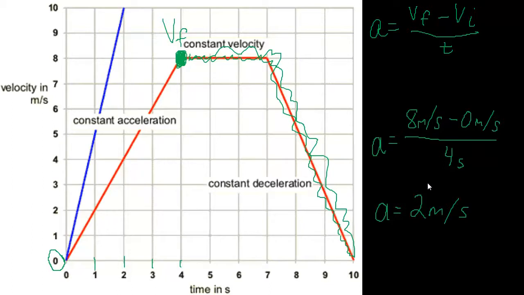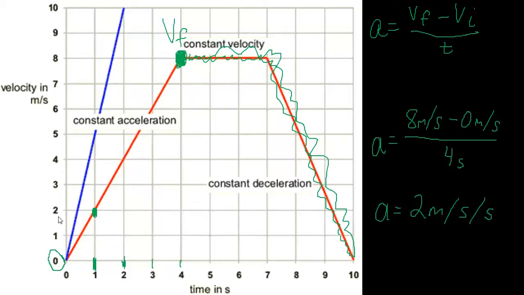And this is where things get tricky, guys. Per second. Another way to think about it is every second that goes by, how much velocity has been gained? How much change in velocity has happened? Well, if we take a look, after 1 second, and we put a point here, 2 meters per second has changed.